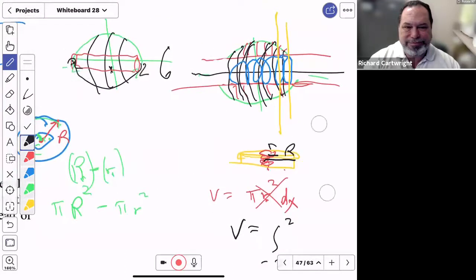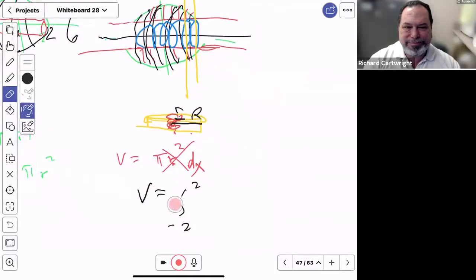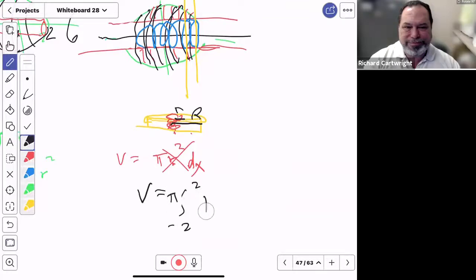There's still a pi, but I have a big R in terms of x squared minus the small r in terms of x squared dx. So I'm basically taking one big cylinder and subtracting the inner cylinder. One big cylinder, subtract the small cylinder.